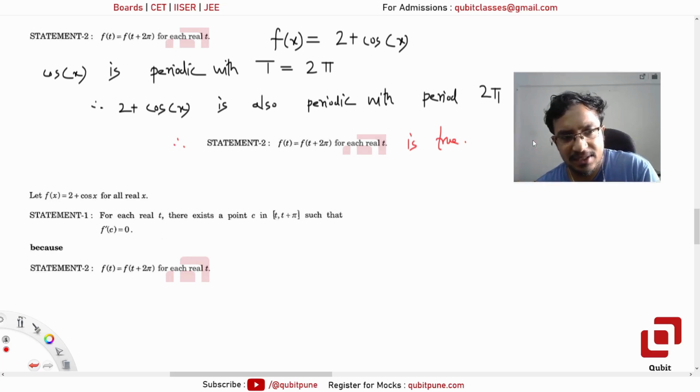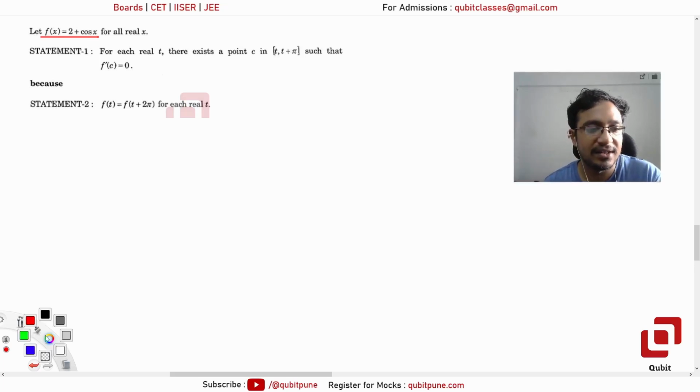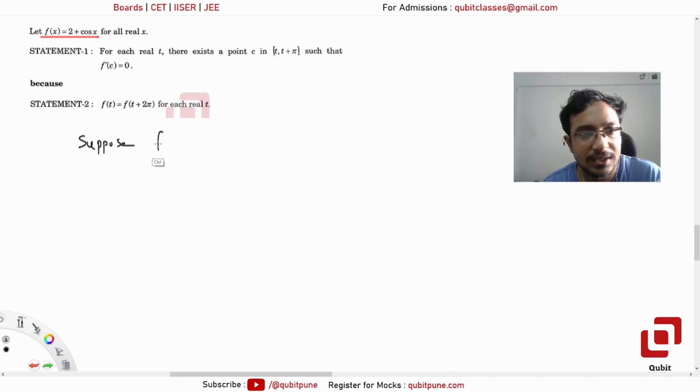Now see, there is something that we must understand here. Whatever information we have about statements 1 and 2 is basically from here. Now suppose only this is true: f is periodic with period 2 pi.